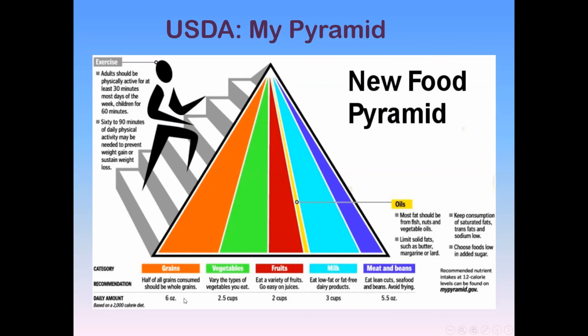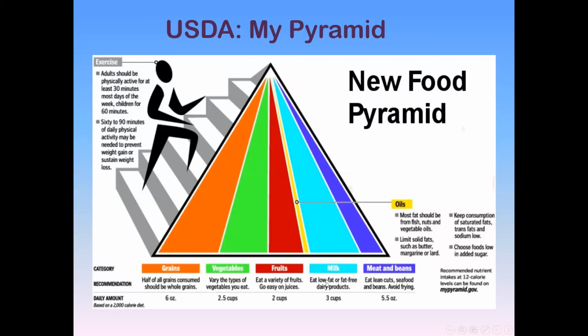And here they specify that at least half of the grains should come from whole grains, to make sure that you are receiving a good amount of fiber. Also, the variety in the vegetables and fruits will ensure that you are taking from all the different vitamins and minerals. And here also, most fat should be from fish, nuts, and vegetable oil, and you should limit the solid fat and limit the margarine and butter.